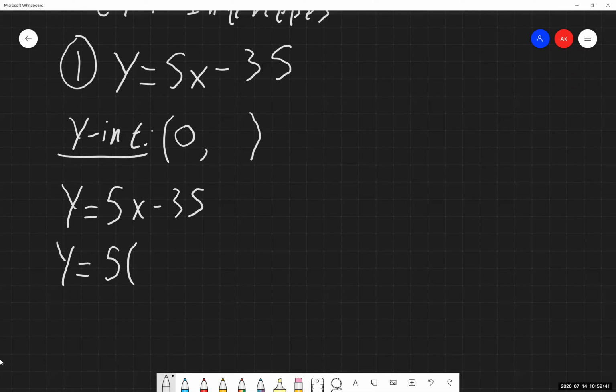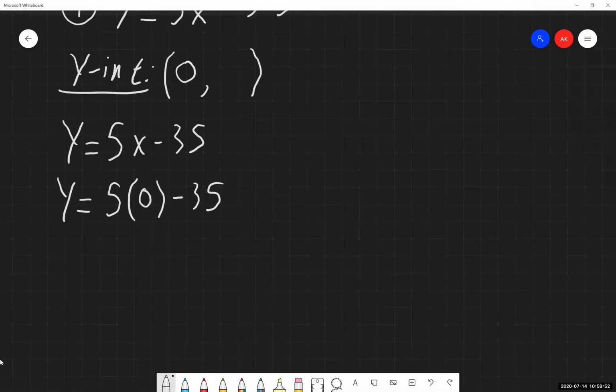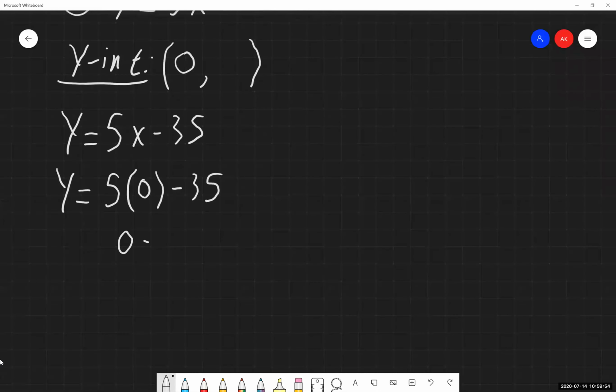I know my x value to be 0, so I'm just going to plug that in. And now I'm going to solve for y. So 5 times 0 is 0. 0 minus 35 is going to give me negative 35. So I have my y value to be negative 35.